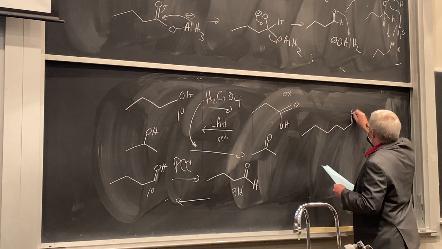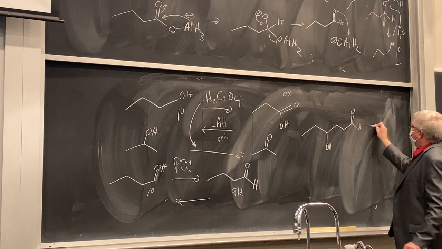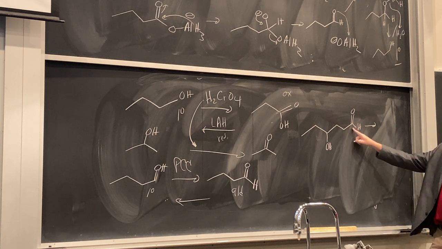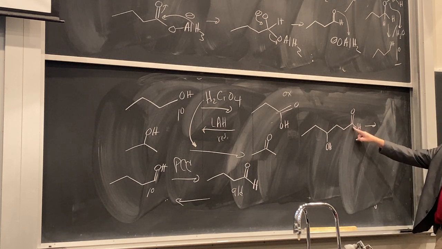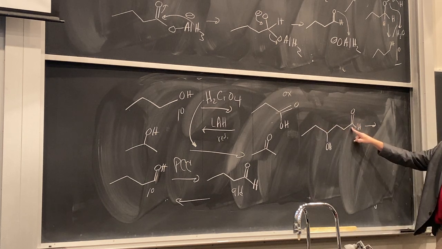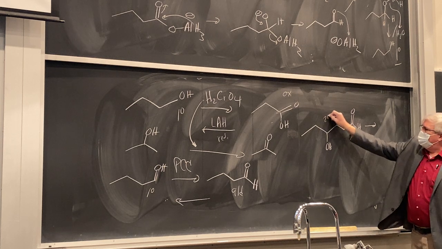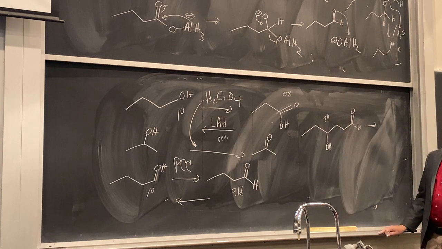You can have an aldehyde, an alcohol. Both of these can be oxidized, right? The aldehyde could be further oxidized, like with chromic acid, all the way to the carboxylic acid here. The secondary alcohol could also be oxidized to a ketone.